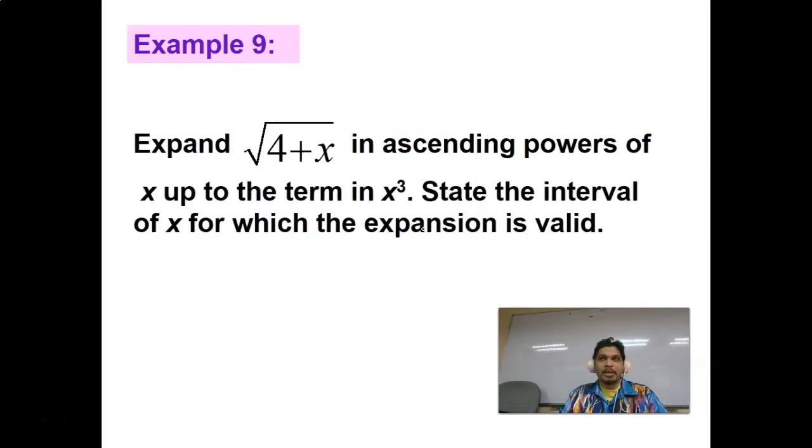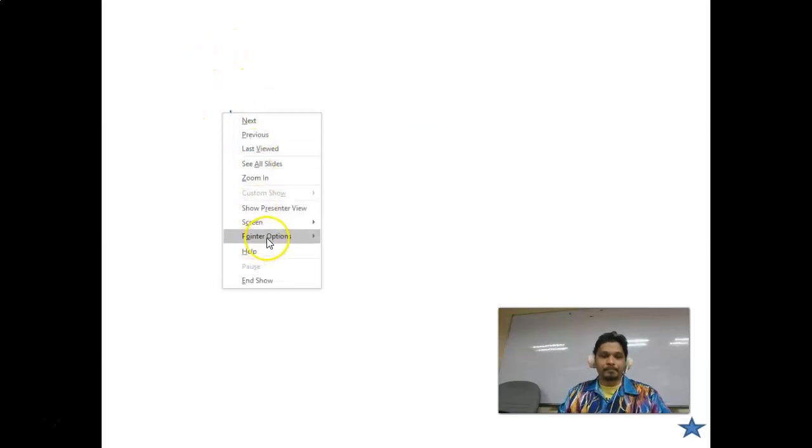Example 9. Expand the square root of 4 plus x in descending powers of x up to the term x cubed, state interval of x which the expansion is valid. Okay, so for this question, square root of 4 plus x is actually equal to 4 plus x to the power of half.